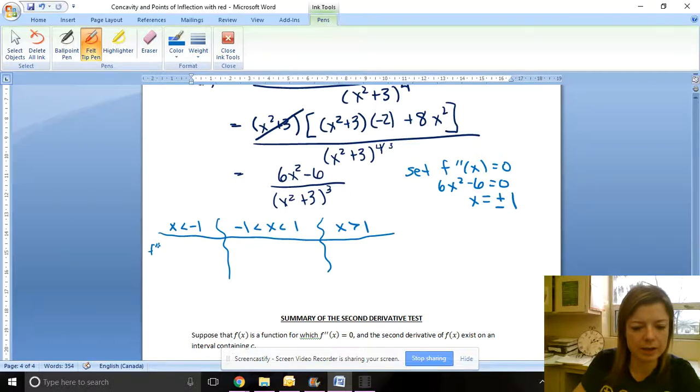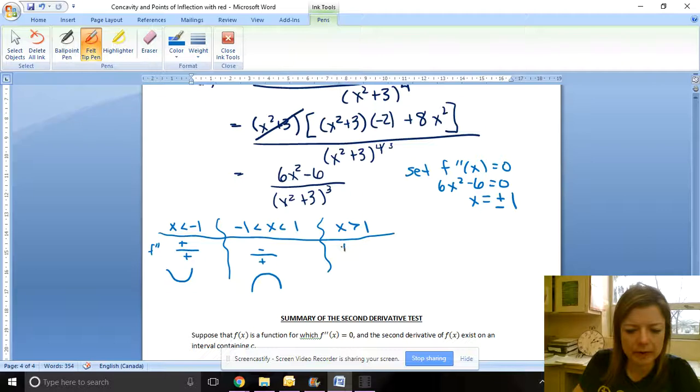So f double prime. When x is less than negative 1, this is a positive number on the top and a positive number on the denominator. So that's a concave up section. Between negative 1 and 1, you get a negative number on the top with a positive number on the bottom. So overall, that is a concave down section.